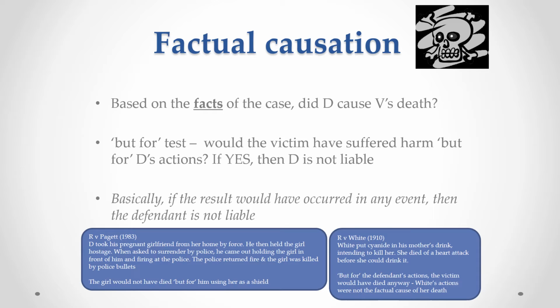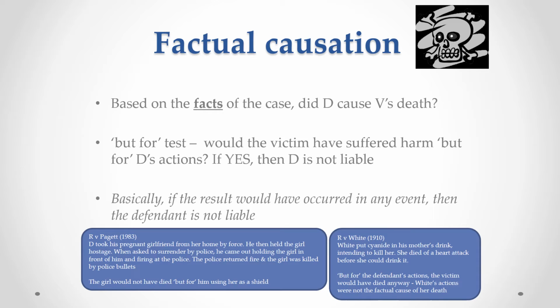Okay. In contrast, we've got a case where the but-for test is not made out. The case of White, which is an earlier case, 1910. So White wanted to kill his mother, and he put a poison in her drink, intending to kill her. However, she actually died of a heart attack before she could drink it. So applying the factual test here, but for the defendant's actions, she would have died anyway.